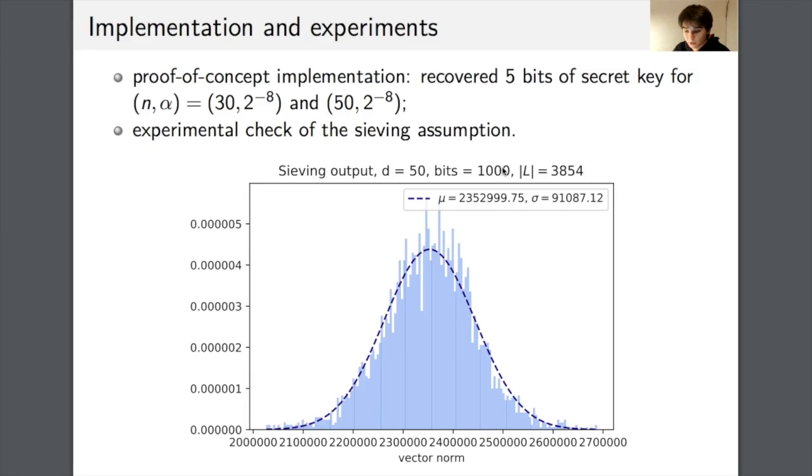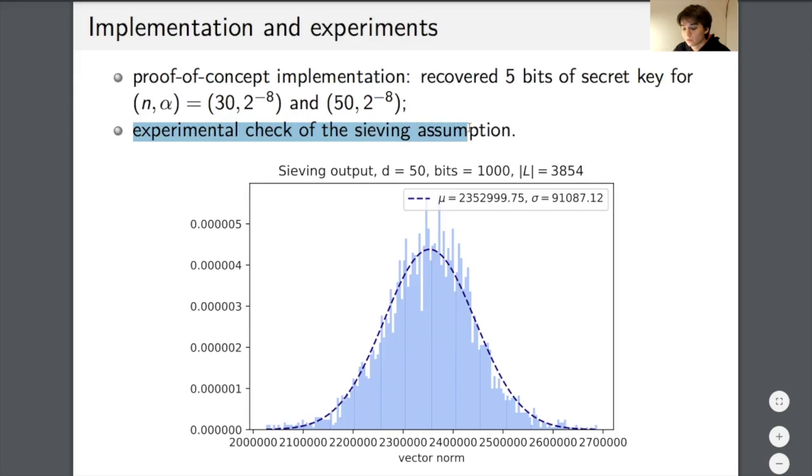As the complexity estimation of our attack is based on several heuristic assumptions, we have made some experiments to justify usage of these assumptions. First, we provide a proof of concept implementation of our attack that successfully works in small dimensions. Second, we studied separately the output of the sieving algorithm in small dimensions from dimension 30 to 60 on random lattices of different volumes.